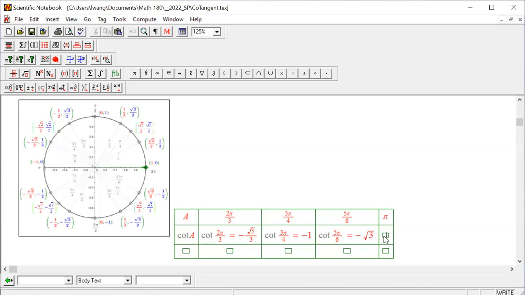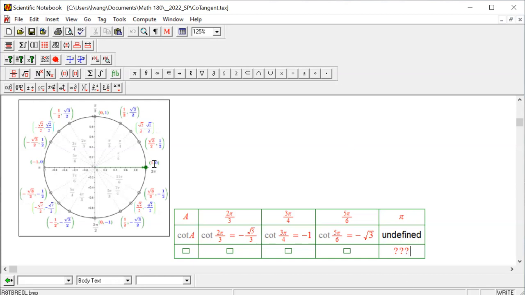And cotangent pi, what happened at cotangent pi? We're taking red number negative 1 divided by 0. So once again, we have an undefined. So we have two undefined cases. What are we going to do before we move forward?